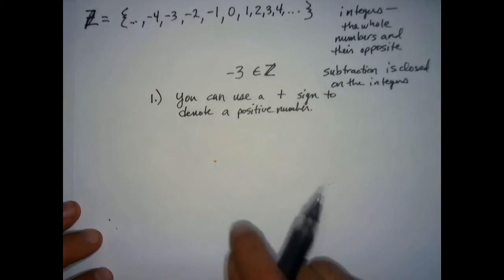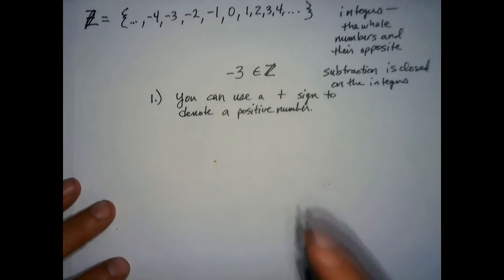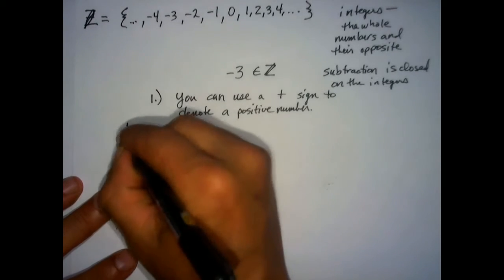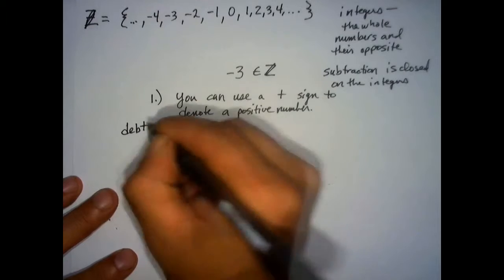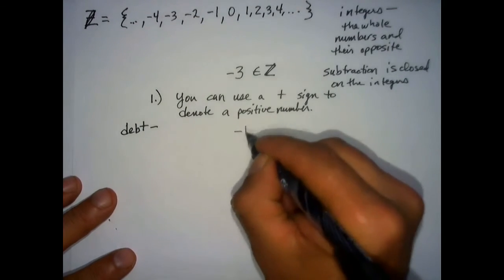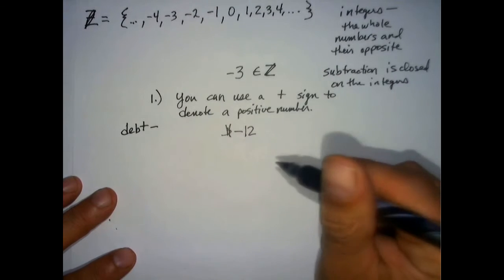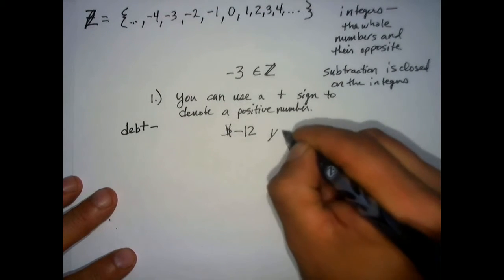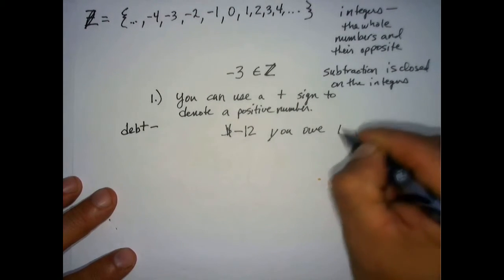Now, how do we interpret things that are negative? Debt. Debt is negative. If you say, I have -$12 in my bank account, that means you owe the bank $12.